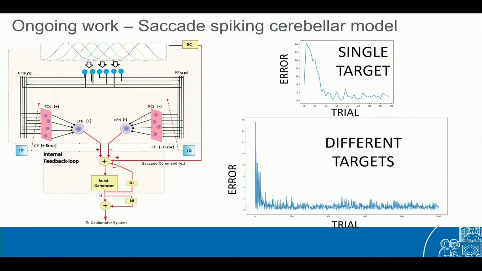An ongoing work is to have a saccade spiking cerebellar model. We are using the model from Egidio and colleagues. It's a simplified model. For the mossy fibers, we have different inputs that we use there. For the inferior olive, we also have a simplified model.